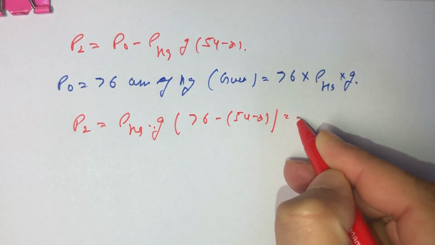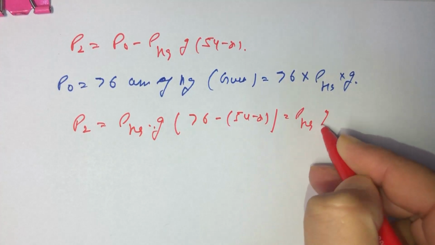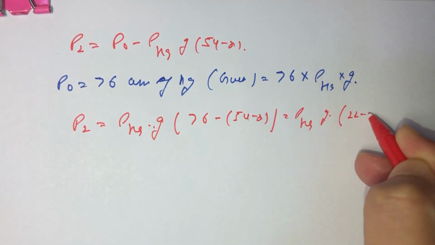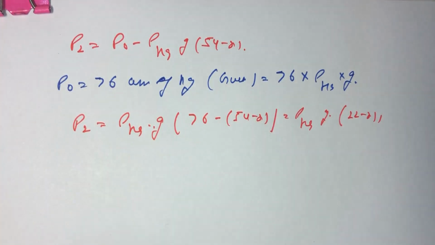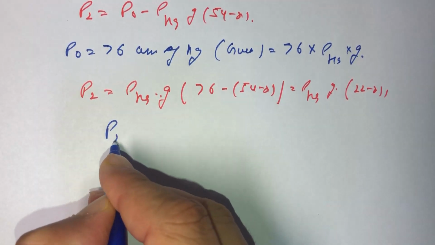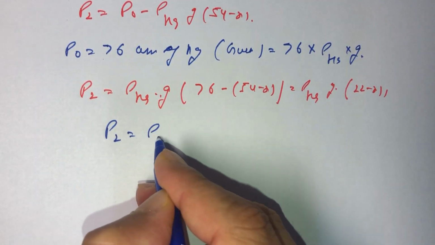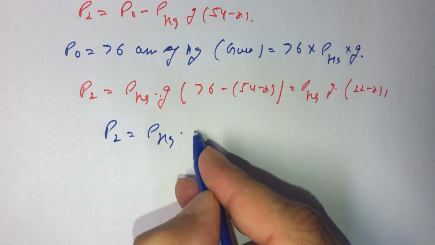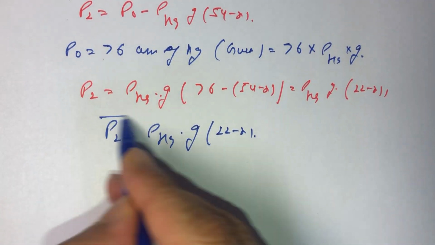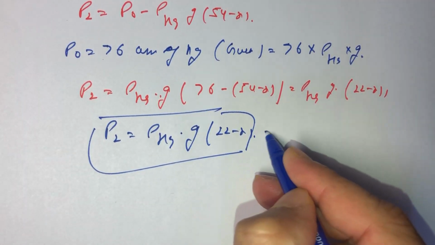So this will be equal to rho Hg multiplied by G, and we have here 22 minus x. So let me write it separately. P2 is equal to rho Hg multiplied by G and 22 minus x. Let this be equation number 2.